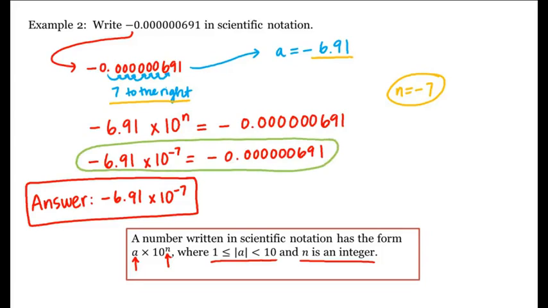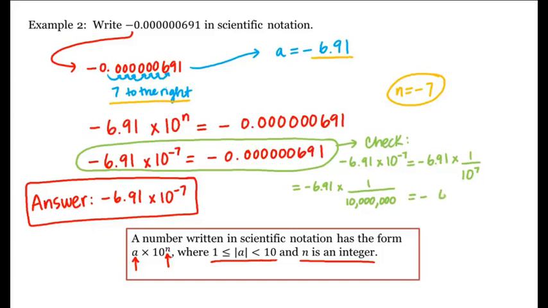And again, let's check or verify that this is true. Negative 6.91 times 10 to the negative 7th power is the same as negative 6.91 times 1 divided by 10 to the positive 7th power, which is equal to negative 6.91 times 1 divided by 10 million, 7 zeros, or negative 6.91 divided by 10 million, which is negative 0.000000691.